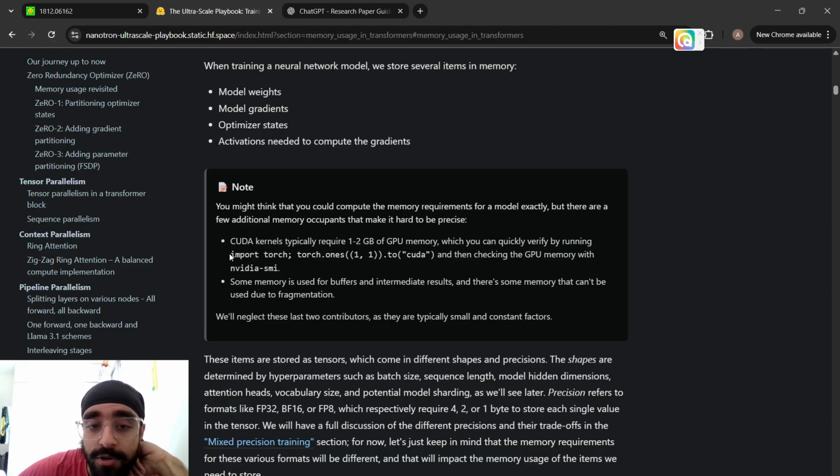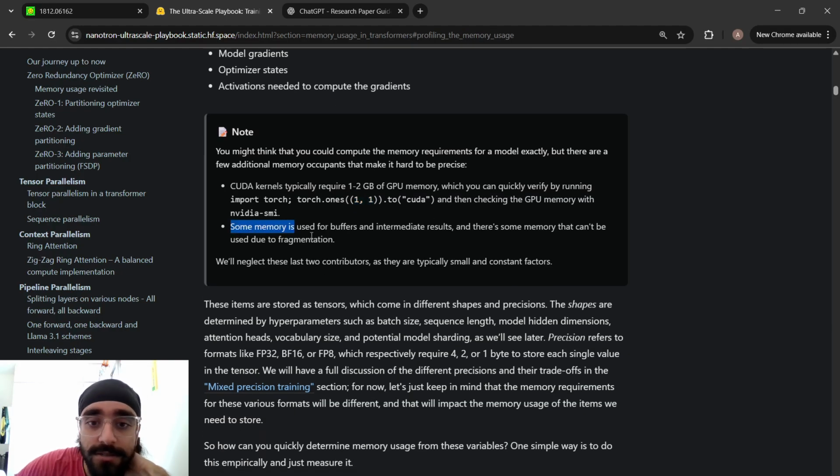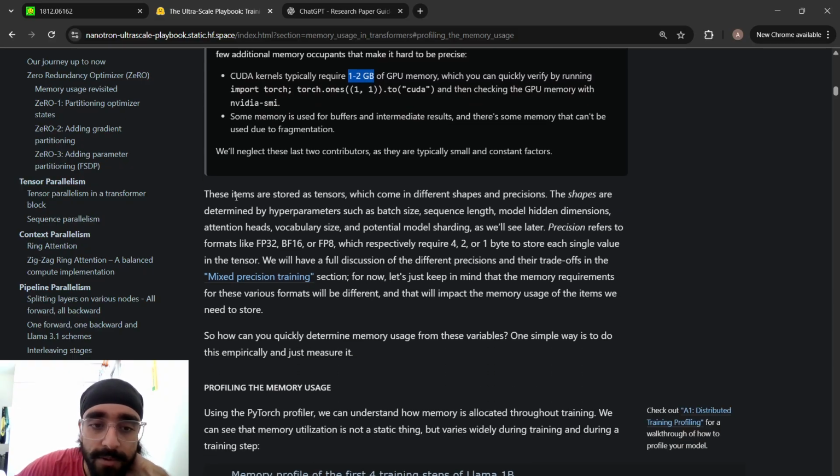But if, after importing torch, you define a tensor and move it to GPU, that is, define it as a CUDA tensor, then CUDA will take up around 1 to 2 GB of GPU memory, even though the tensor itself uses just 4 bytes. So we'll leave these 1 to 2 GBs or 2-3 GBs as buffer. We don't care about them at the moment.